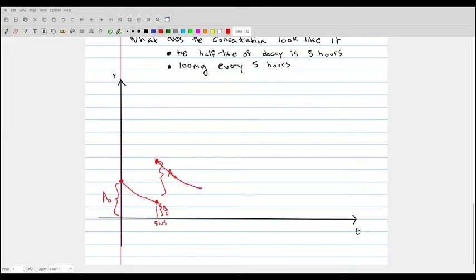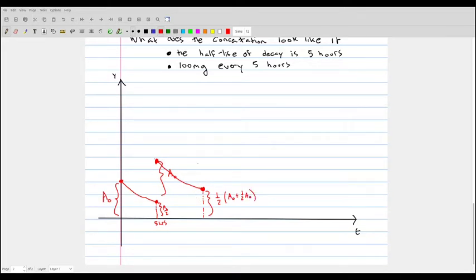Corresponds to this right here. So this value right here, this distance, is half of the total distance here. That's half of A naught plus 1/2 A naught.